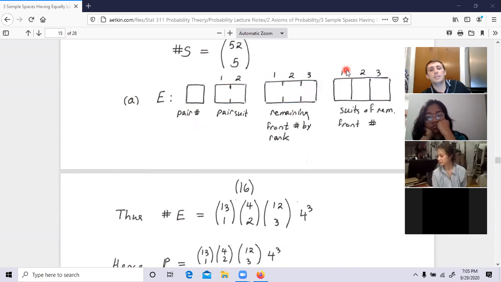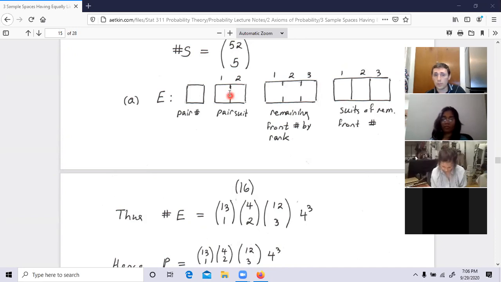So the answer is 13 choose 1, because there are 13 possibilities here, and 4 choose 2, because out of 4 suits I need to choose 2 suits, which I will arrange in order. That's the information about the pair. Now 12 choose 3 is the information about the front numbers on the remaining cards. 4 cubed means there are 4 possibilities for the first card, 4 for the next, 4 for the last.